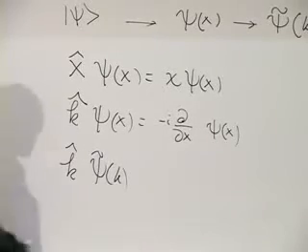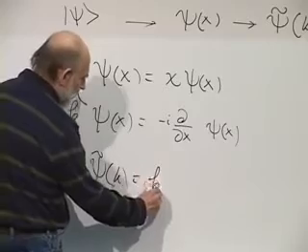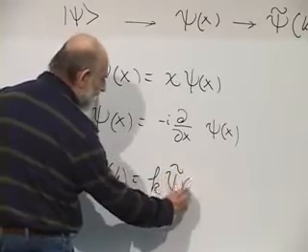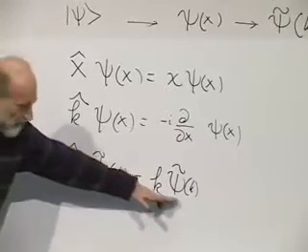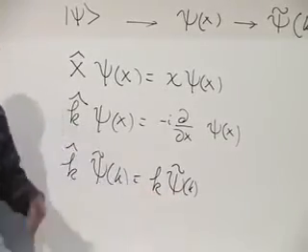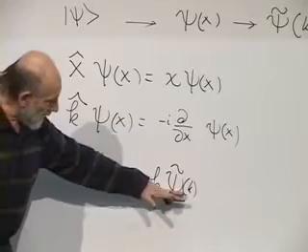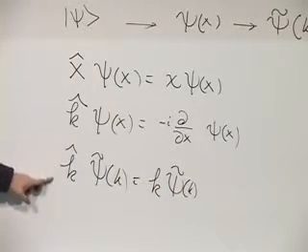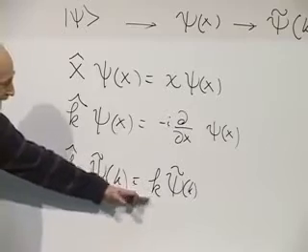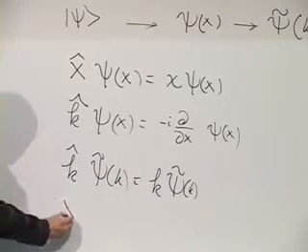Multiplies by k. K times psi twiddle of k. So if we had the state vector expressed in the momentum representation, called the momentum basis, and we wanted to know how k acts, it's easy, we multiply by k.